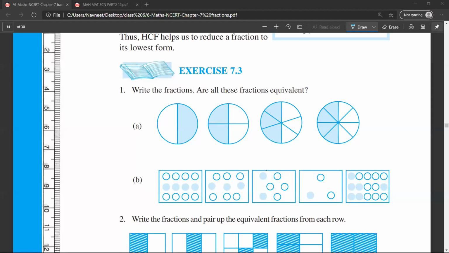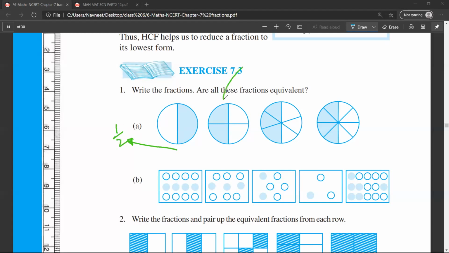Equivalent fractions. Let us assume I want to see the shaded portion. I can write the shaded portion for this figure as 1 by 2.